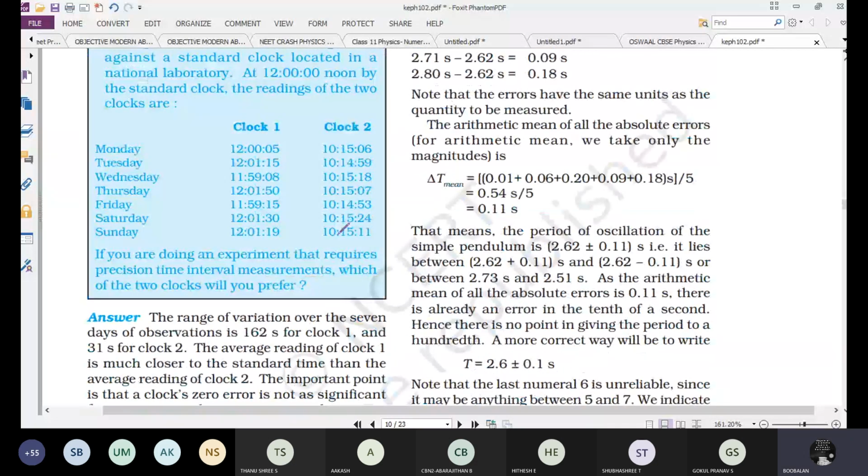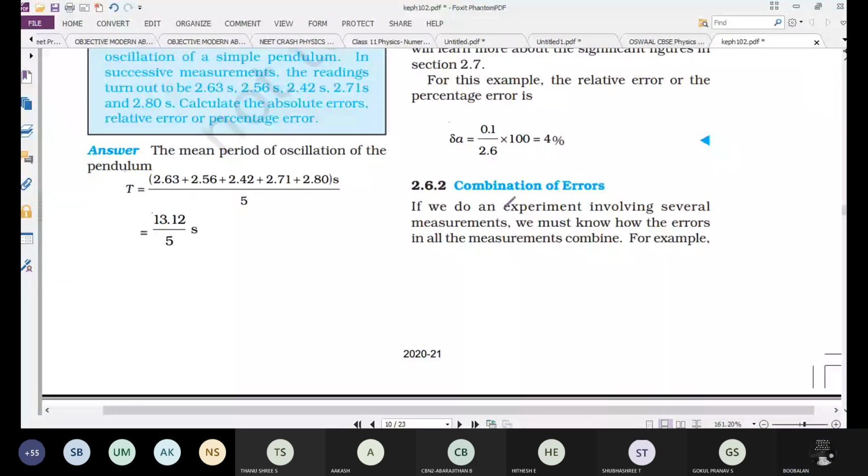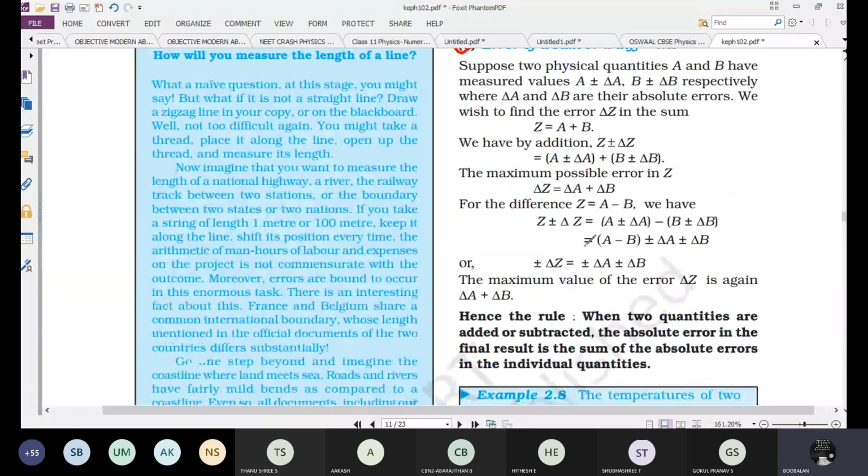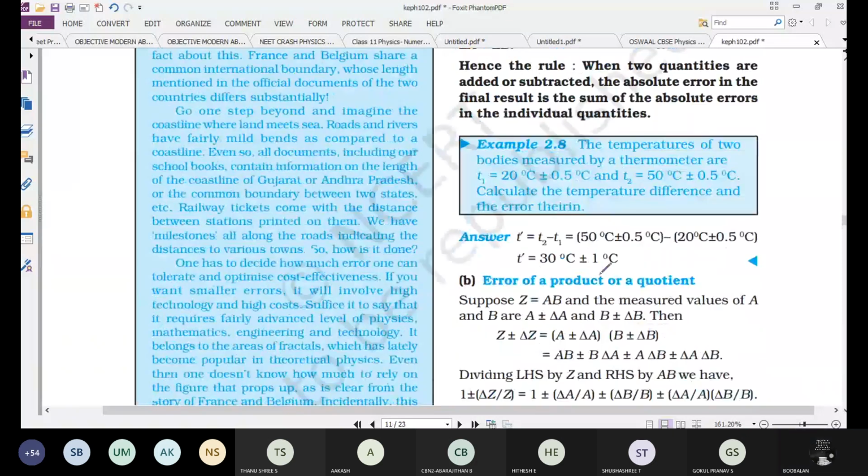Combination of error. So the error of sum or difference, formula. The error of product and division, formula. Formula is enough, no need for the derivation part.